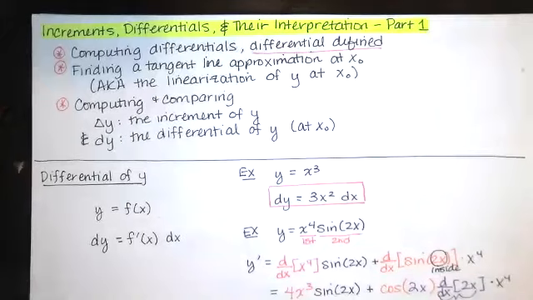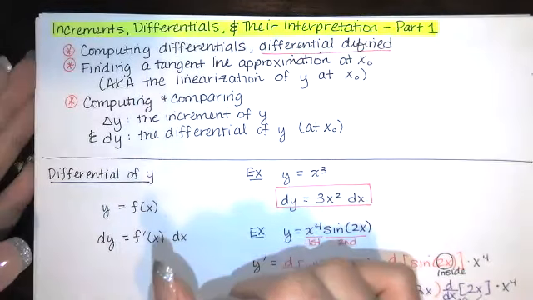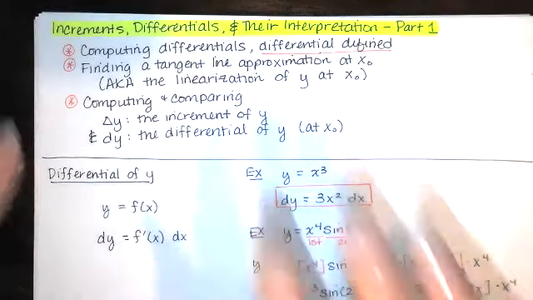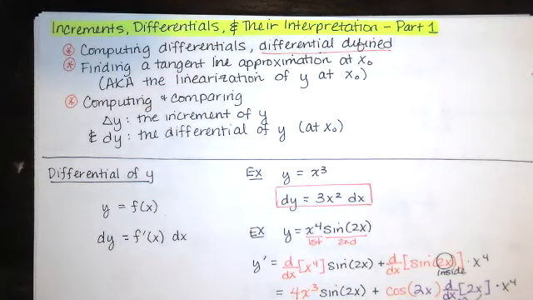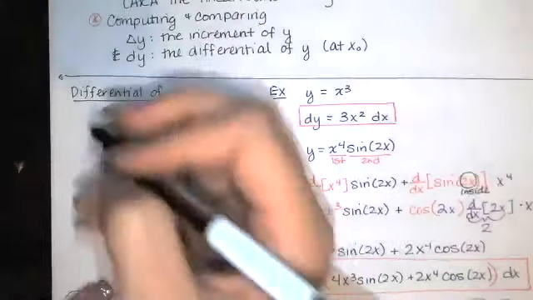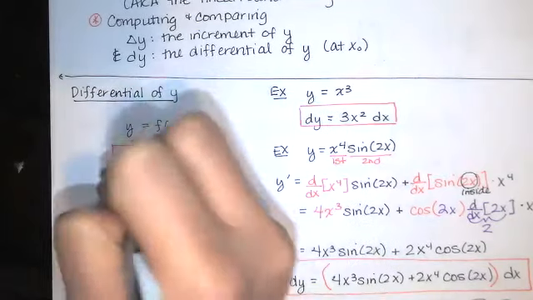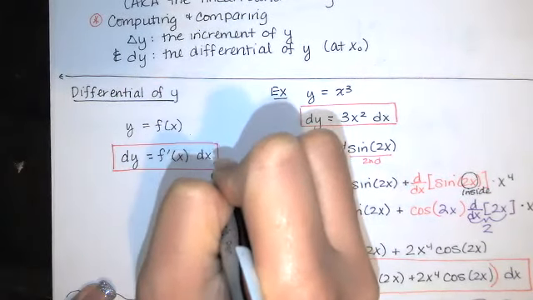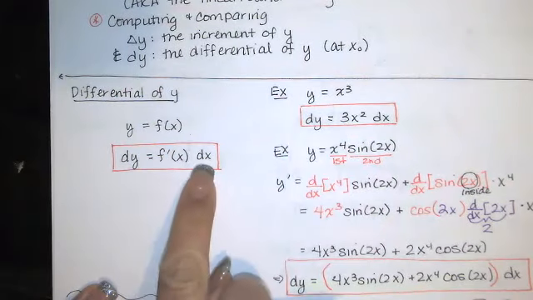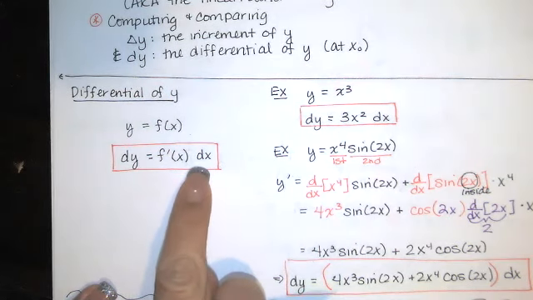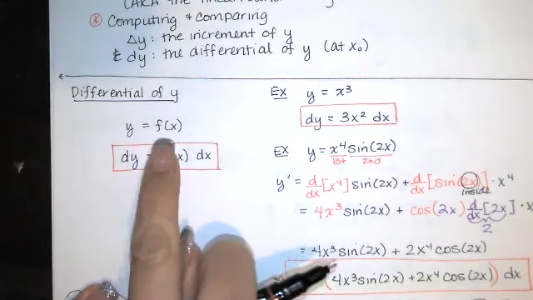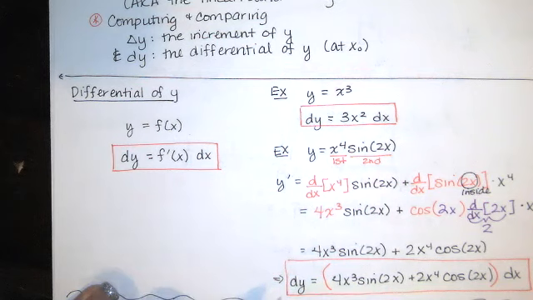And then we started with this topic. We're computing differentials. This is the definition of a differential. Somebody asks you for the differential of y, and y is a single variable function. This is what they want. They just want the derivative times the differential of the independent variable. So if y is a function of x, we have the derivative times dx.